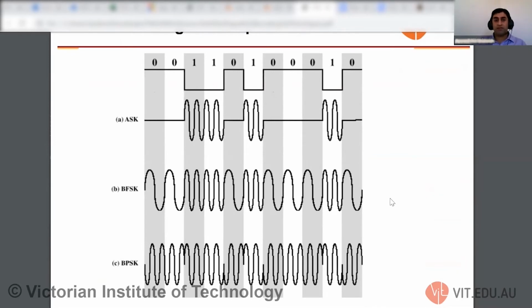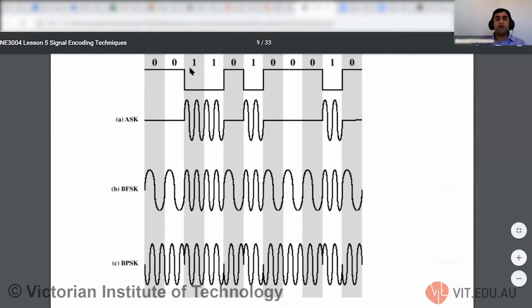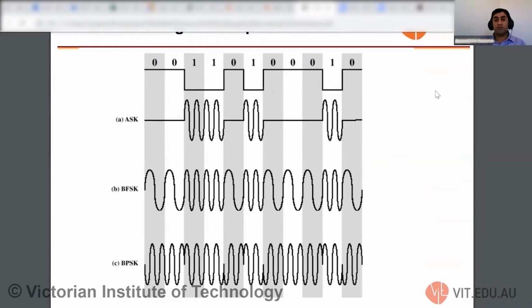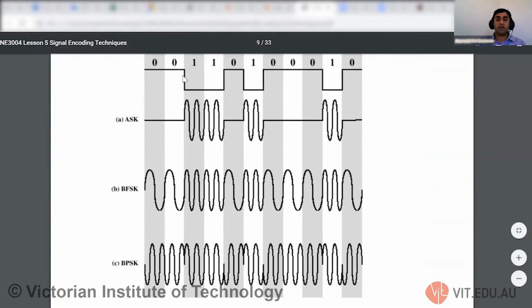I'll give you an example that you will work on. Over here we have a digital signal, which is 0011010010. We can see that with 0 it's represented as a straight line, and for 1 it is changing. It's going from 0 to 1 over here, and if the next signal is a 1, it still remains, and when it goes to a 0, it changes and goes up.